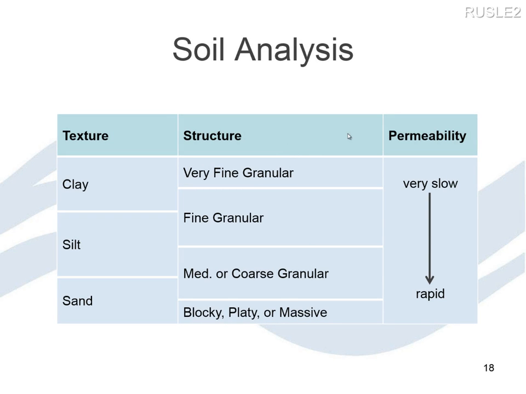So this table shows the relationship between soil texture, structure, and permeability. In summary, on the left-hand column we've got clay, silt, and sand texture soils. Clay texture soil, or soil dominated by clay particles, tends to have a very fine granular structure.